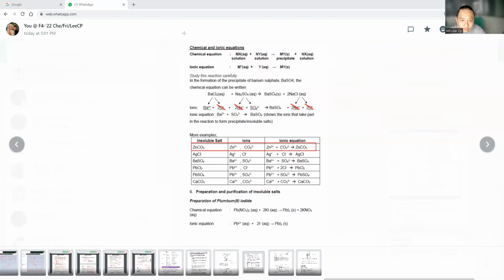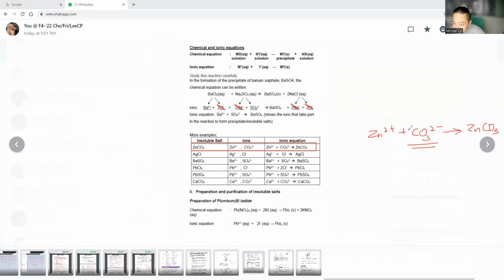I want to have zinc, Zn2+, CO3 2-, so it becomes ZnCO3. All carbonates are not soluble except sodium, potassium, ammonium carbonates, all these.